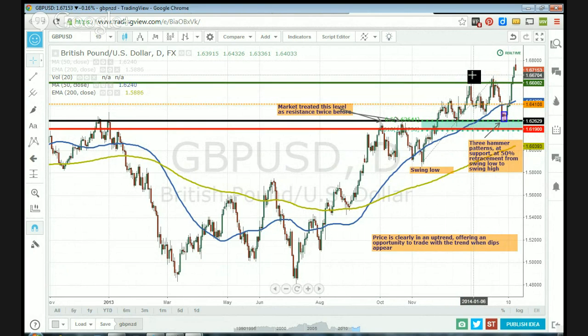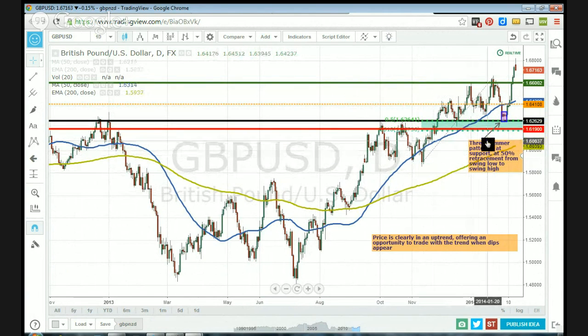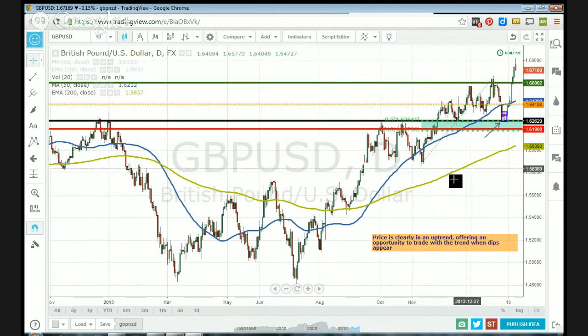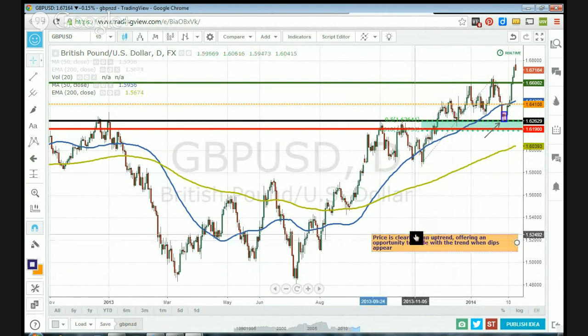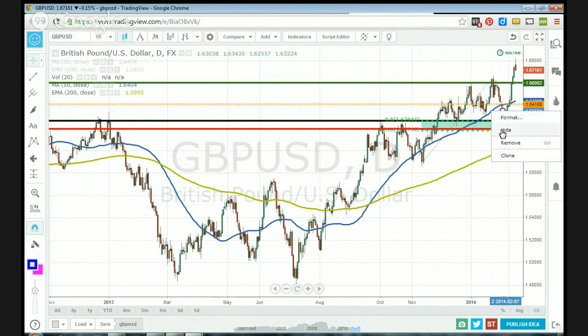I'm going to delete these text boxes, though. Okay. So in any event, now we are waiting for a pullback.